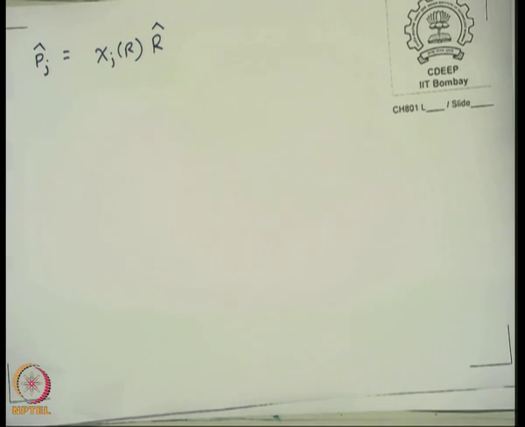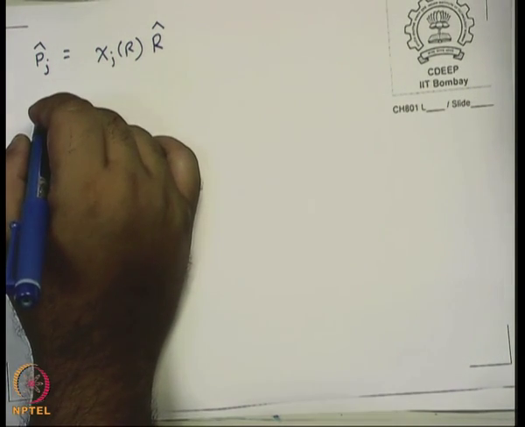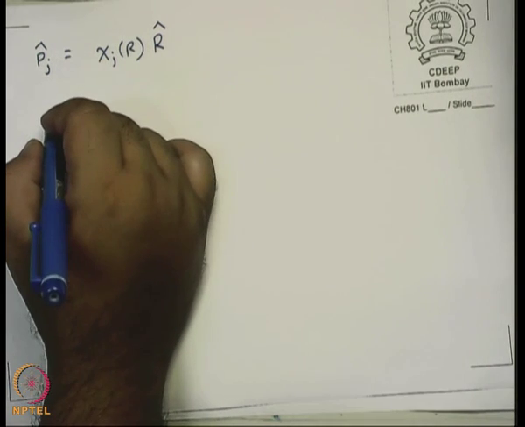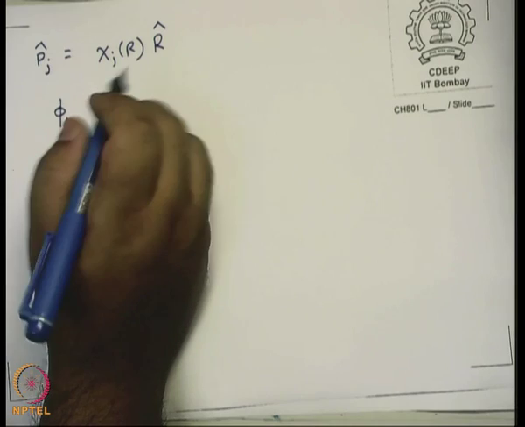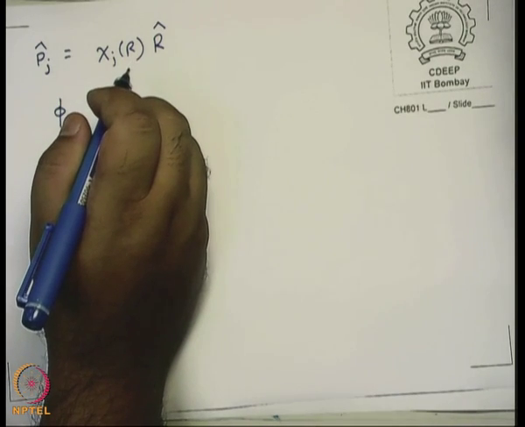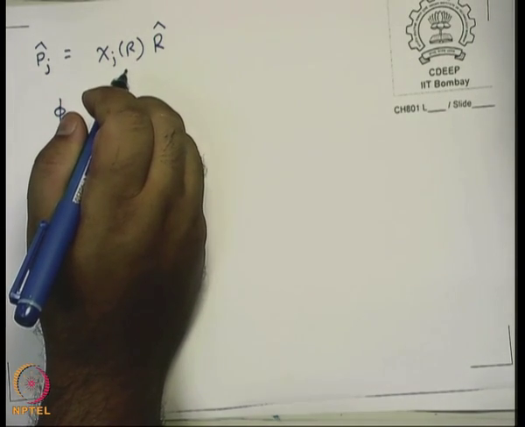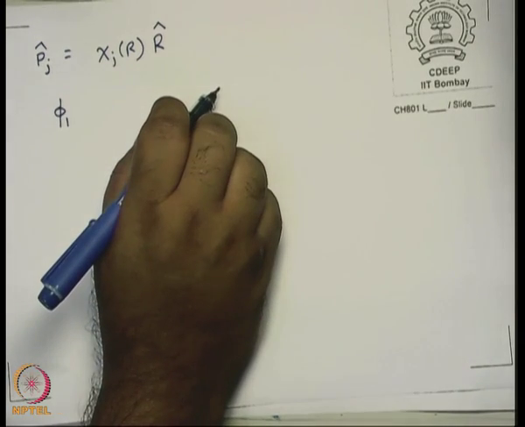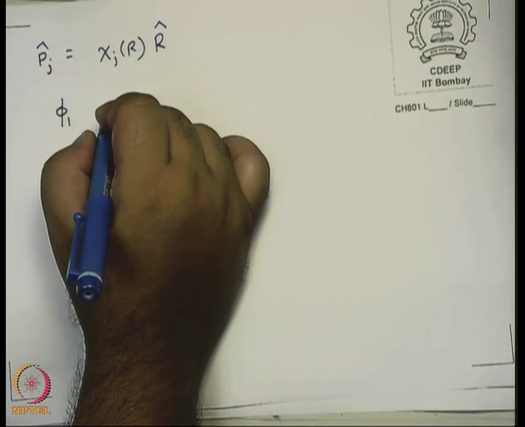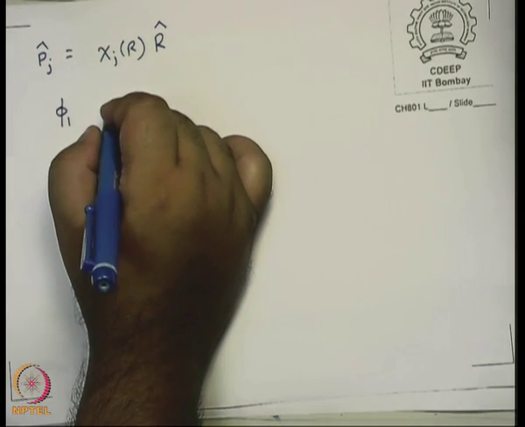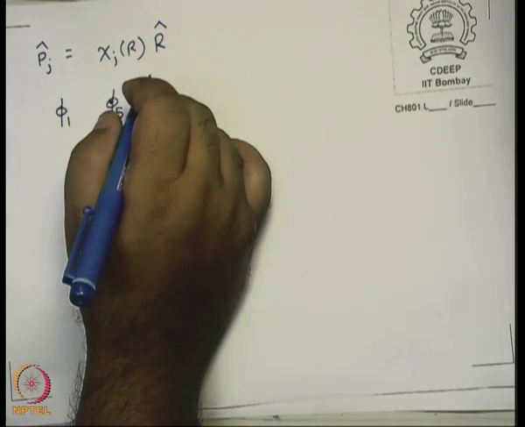So, AU. Tell me, E operating on phi 1, what do you get? You get phi 1, and the character of phi 1 is 1, multiply by that, you get the same thing. What is the next one? C2Z operating on phi 1 gives you phi 5. And what is the character of C2Z? 1.